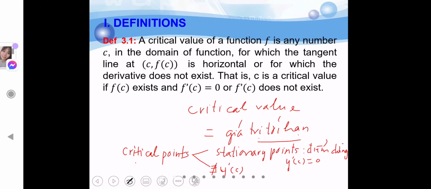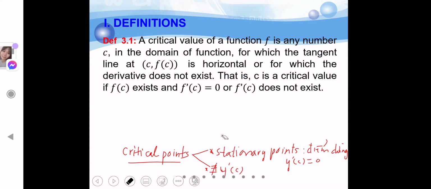Okay, critical points divide into two kinds. Can you give me another example?